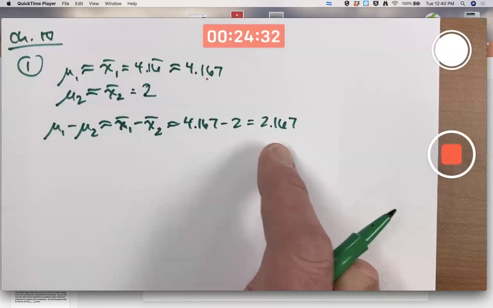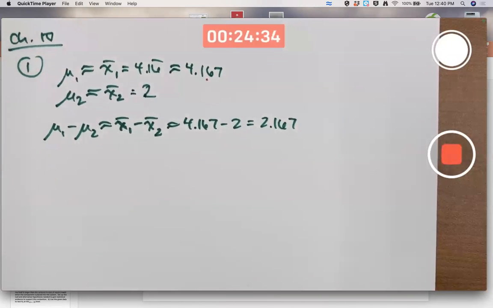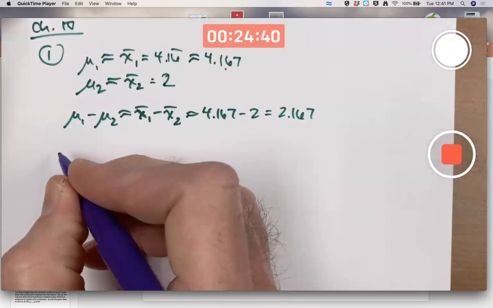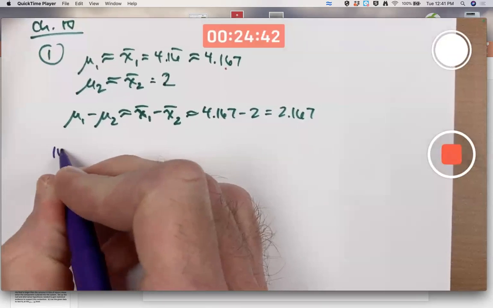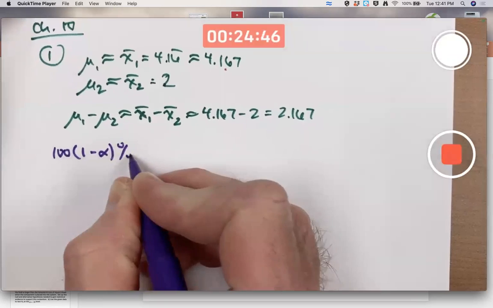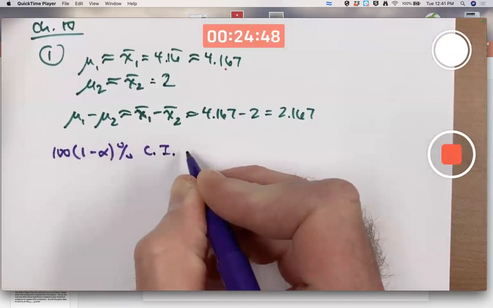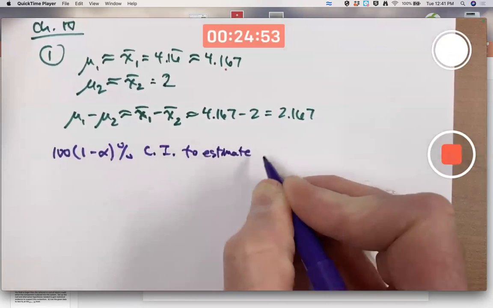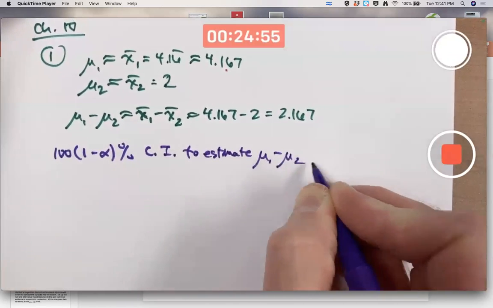Should I go ahead and compute a confidence interval here? Sure, why not? Problem doesn't ask for it. But let's go ahead and compute a 100 times 1 minus alpha % confidence interval to estimate mu1 minus mu2.